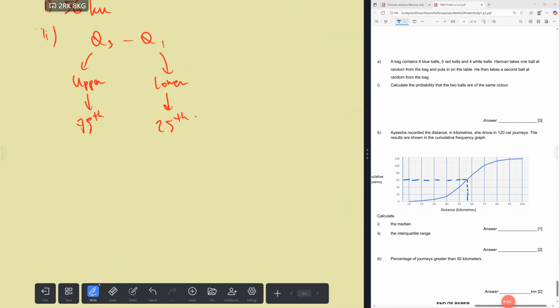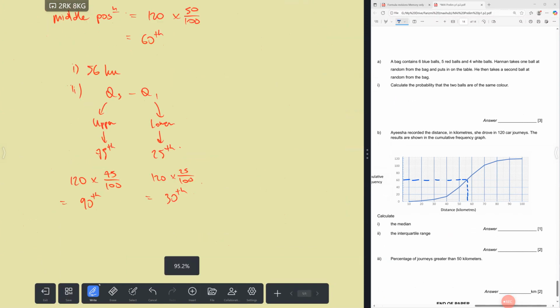Right? So we can quickly do some working. We take the total number of car journeys, my apologies, and multiply by 75 over 100, and you take 120 times 25 over 100. Actually, if you are quick enough, you understand that this is just the 90th car journey, and this is the 30th car journey. Right? 1/4 and 3/4 of the way.